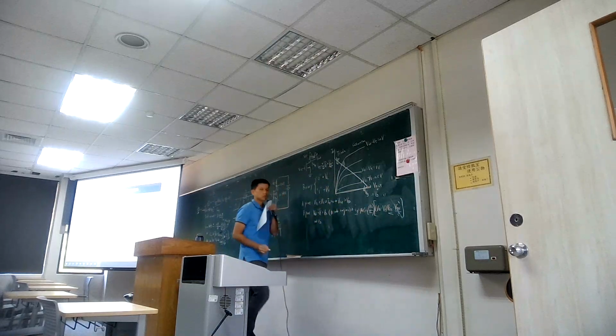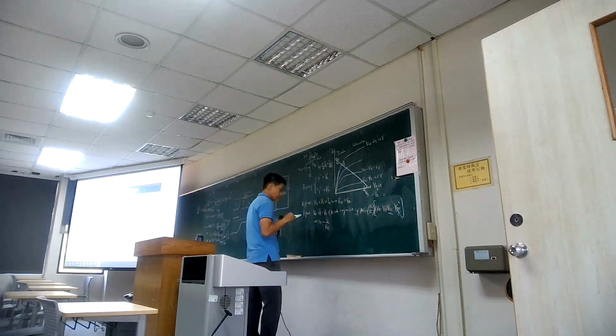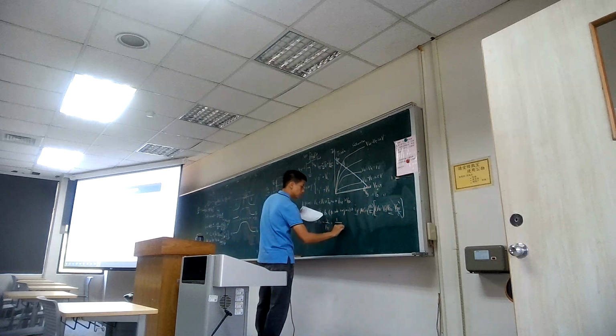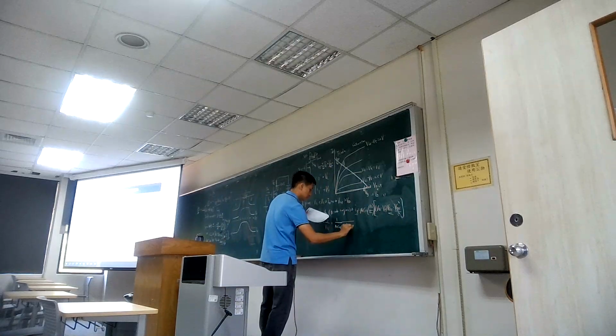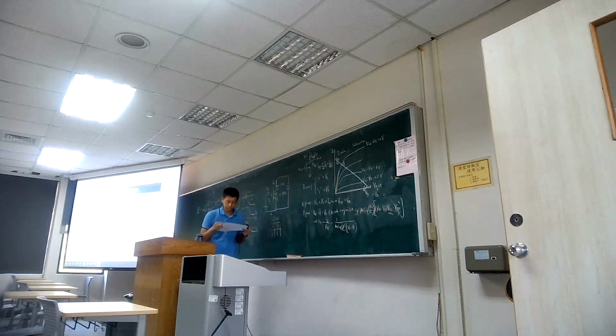And for this linear model, it can be replaced by the equivalent resistance. And this resistance equals ID over VDS. And this one can be 1 over mu n Cox W over L over VGS minus VT.